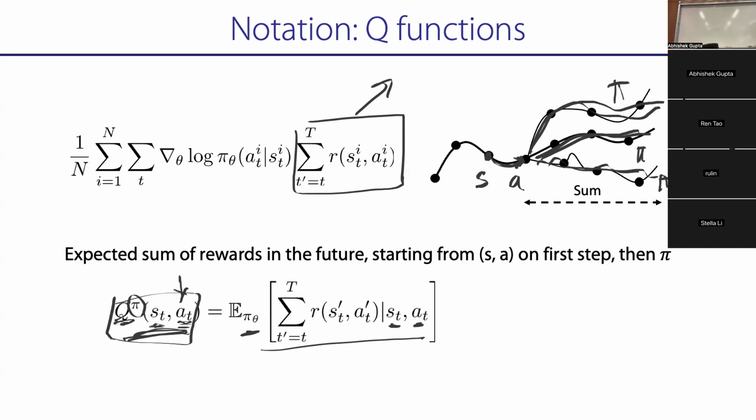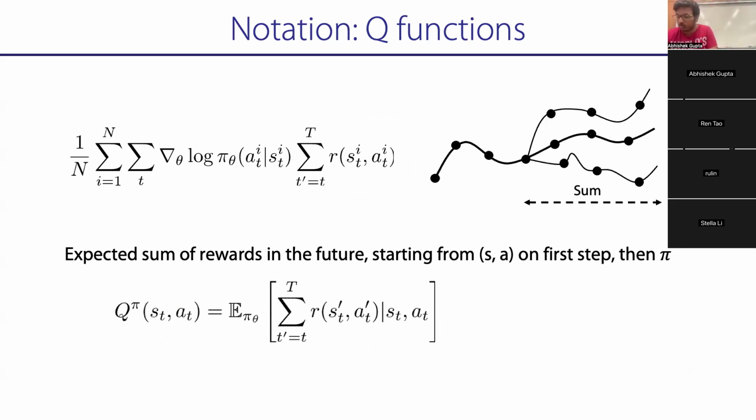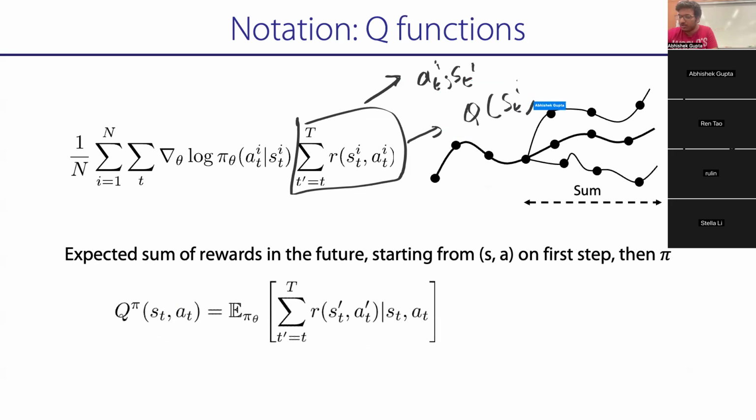Think of it as a drop-in replacement for the sum of rewards. The sum of rewards was telling you how good was A_t at S_t. Now you can replace this by Q of S_t, A_t. So it's telling you how good was action A_t at state S_t. It's the expected sum of rewards in the future, starting at S_t, taking action A_t, following policy pi thereafter.